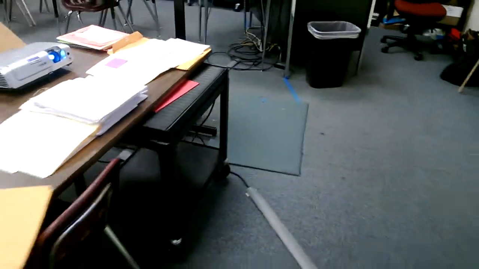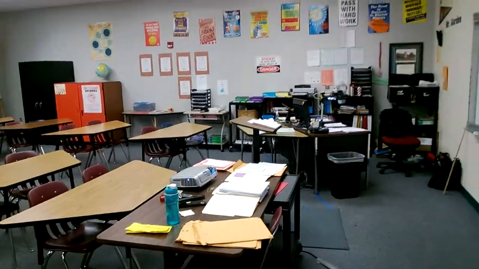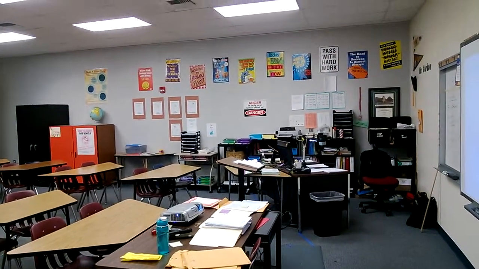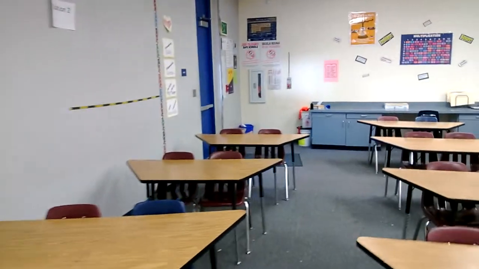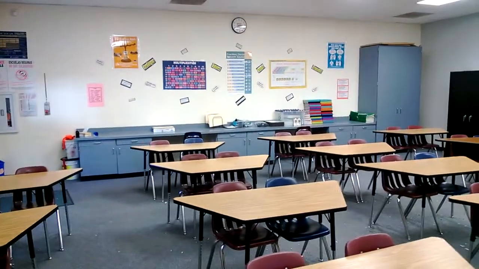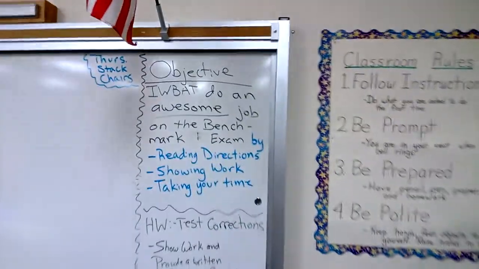Wire covers there, as you can see. I also feel like my desk arrangement allows for an easy flow out of the classroom in the case of an emergency. My room certainly will always have posted standards and objectives.